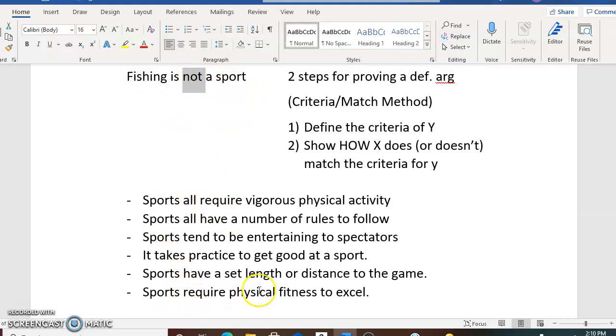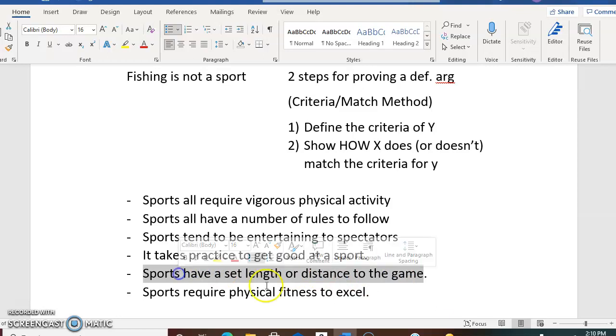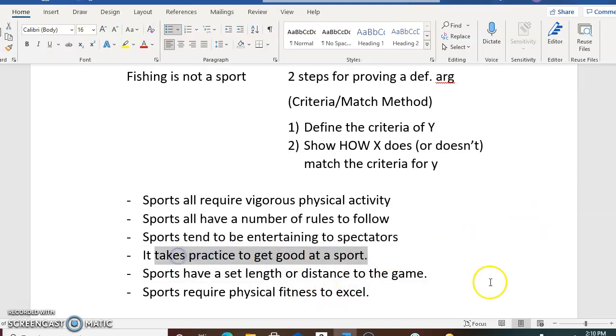And if we think about it, let's ask, does fishing match this? Does fishing require physical fitness to excel? No, there's all sorts of people who aren't physically fit who can do really well at fishing, right? Does fishing have a set length or distance to the game? No. Does it take practice to get good at fishing?